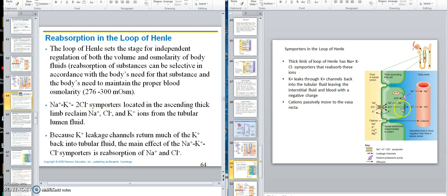In this side up here, this is the tube, you have a sodium potassium 2-chloride symporter. Now let me explain. Ladies and gentlemen, we are back again to an active transport of sodium. This right here is that old sodium potassium pump, even though they're not showing the potassium aspect of it.